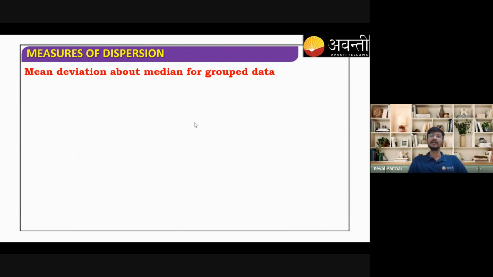Mean deviation about median. Till now, we saw mean deviation about mean for grouped data.